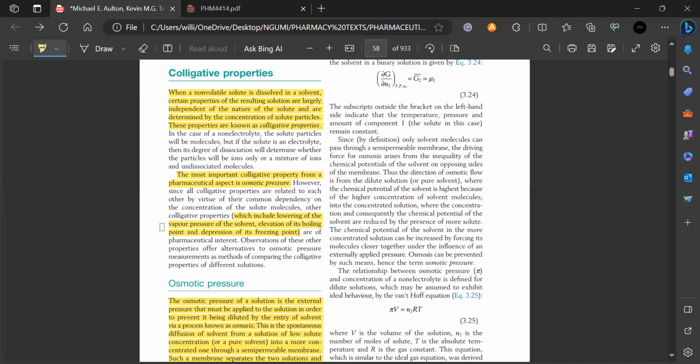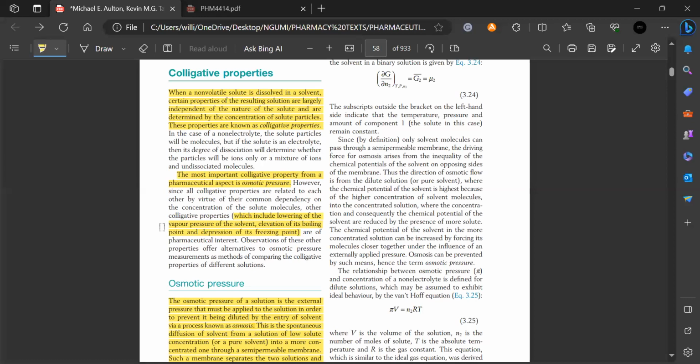And the most important colligative property which we'll look at is osmotic pressure. However, there are other important ones such as lowering of vapor pressure of the solvent, elevation of its boiling point, and depression of its freezing point. So boiling point, freezing point, and vapor pressure.